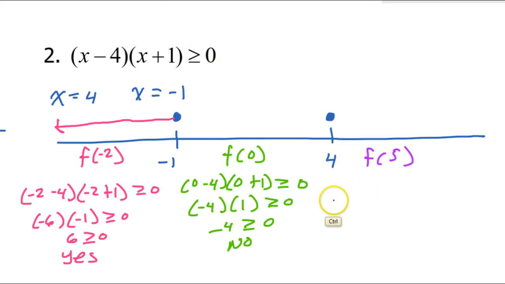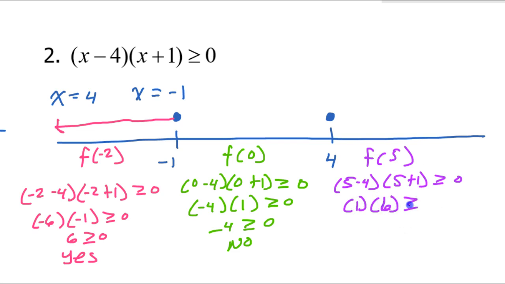And finally, I will check 5. So that would be 5 minus 4 times 5 plus 1 is greater than or equal to 0. So that's going to be 1 times 6. 6 is greater than 0, so that's a yes, which means I have solutions in this interval.